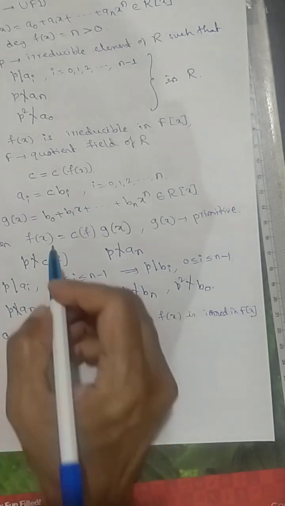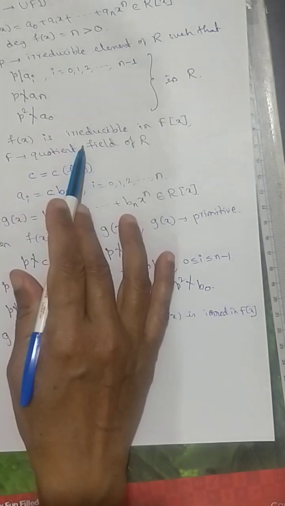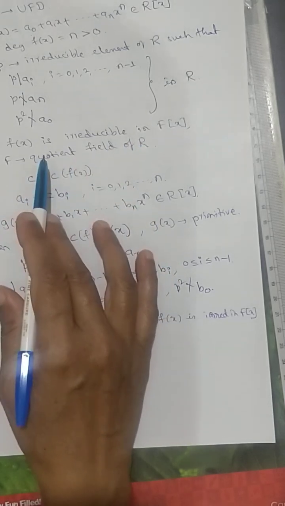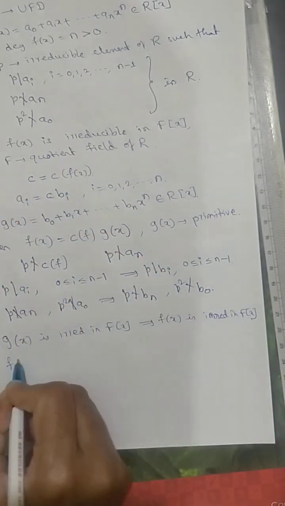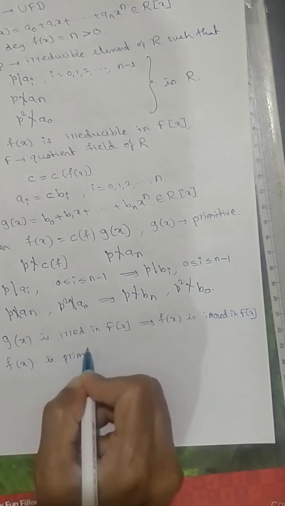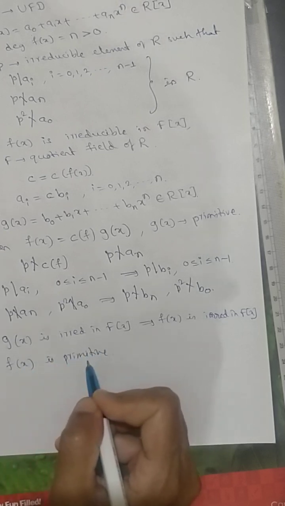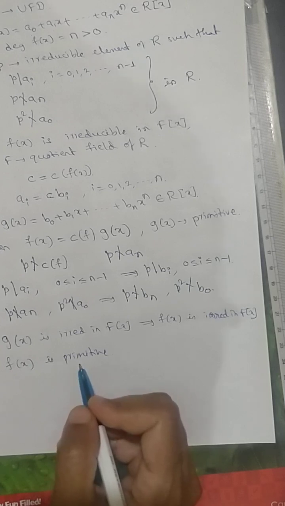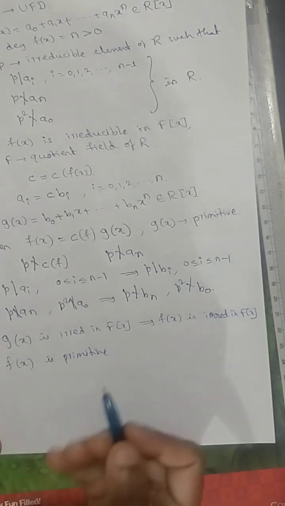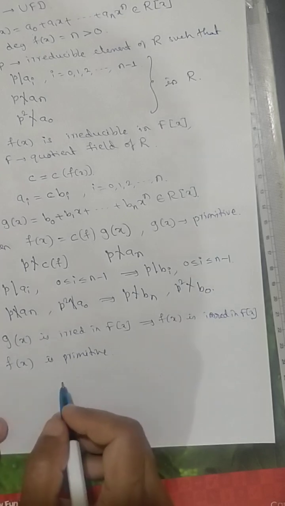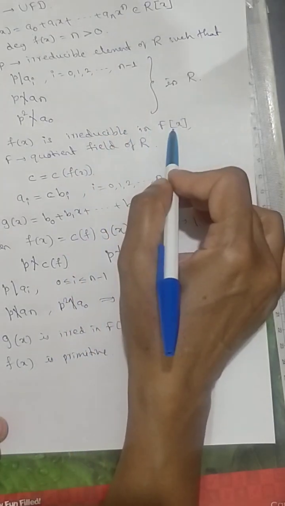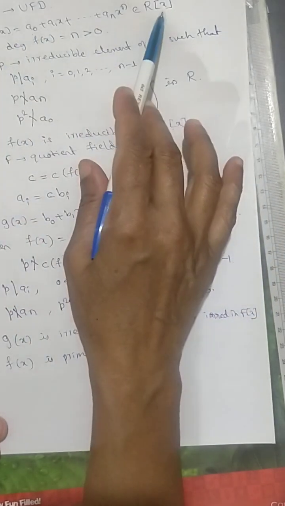So it is enough if we prove the assertion that f(x) is irreducible in F[x] when the polynomial f(x) is primitive. So we can consider only this case when f(x) is a primitive polynomial. Then, according to the Gauss lemma, f(x) is irreducible in F[x] if and only if it is irreducible in R[x].